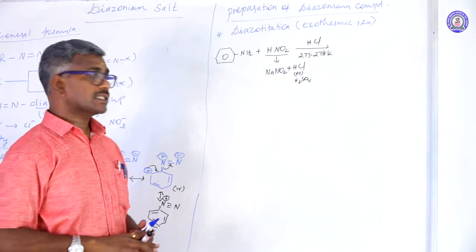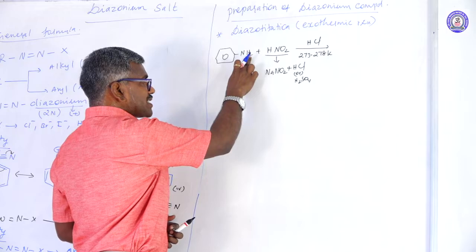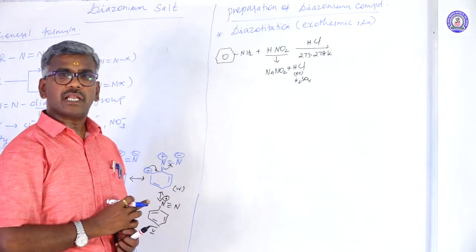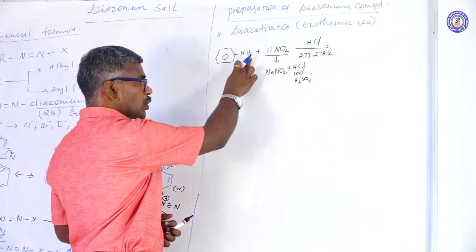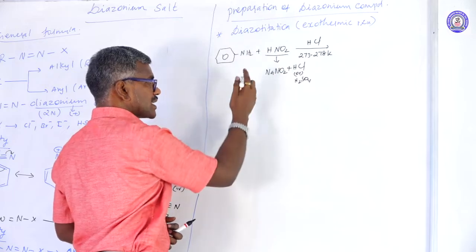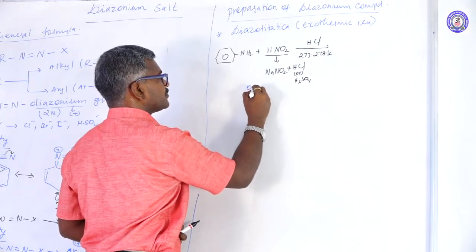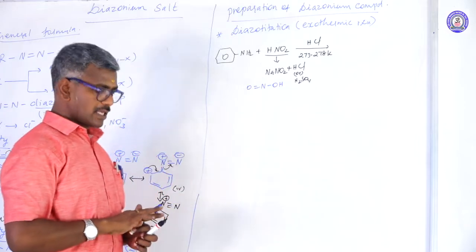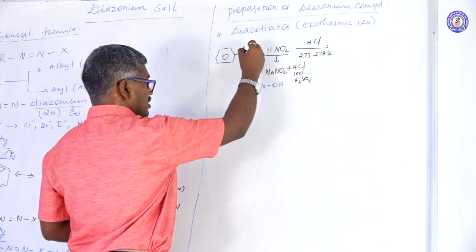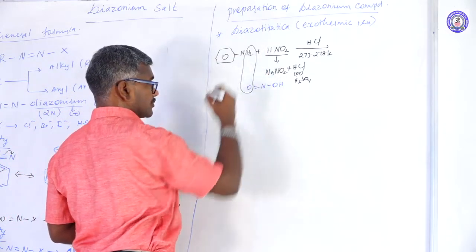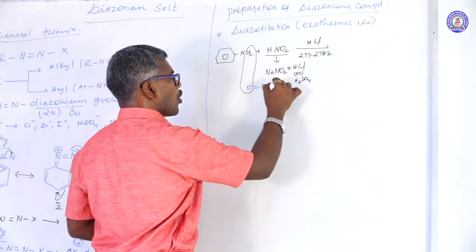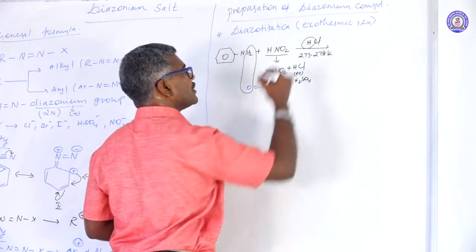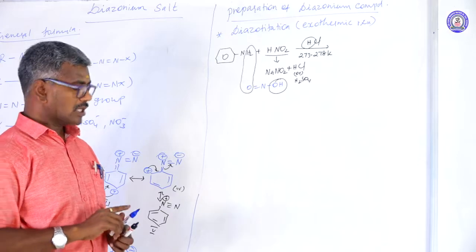How to react? Nitrogen carrying 2 hydrogens, this is an aromatic amine. The amine carries 2 hydrogens. How to write the nitrous acid like that? Here, this water molecule can be removed. Another one is the OH group and hydrogen removed as water. What is the product?